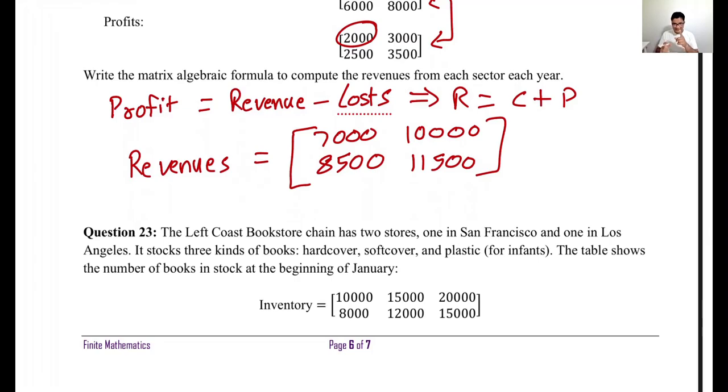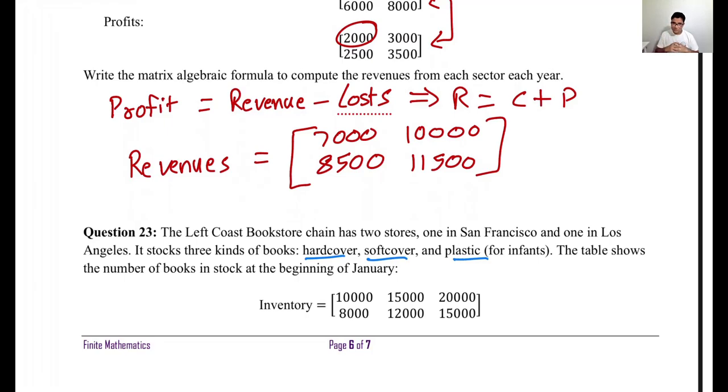Again, very interesting. So there is a bookstore. Left Coast Bookstore has two stores, one in San Francisco and one in Los Angeles, and it has three types of books, right? Hardcover, softcover, and plastic for infants, kids' play books, with all the diagrams, cows and pigs and birds and all that.